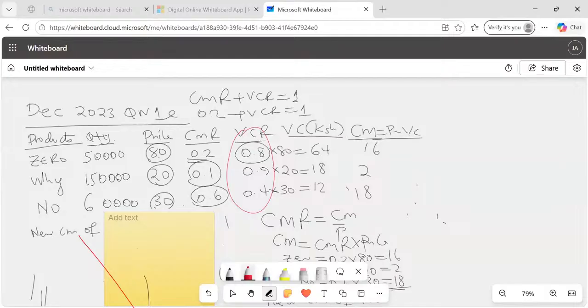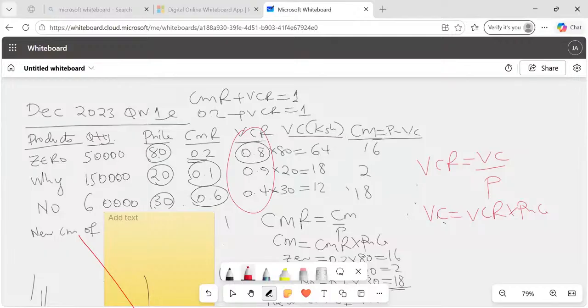We know the formula: VCR is VC over price. You take the variable cost in Kenya shillings over price, meaning that VC will be VCR times the price for each product.